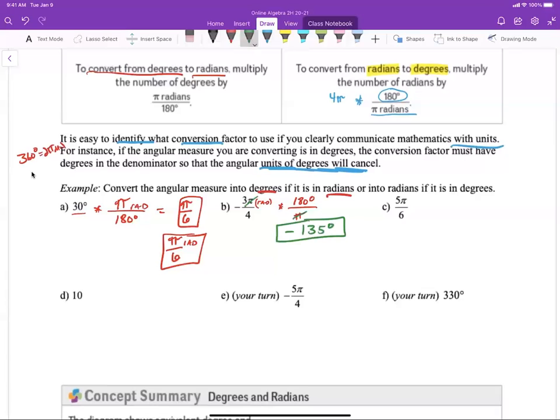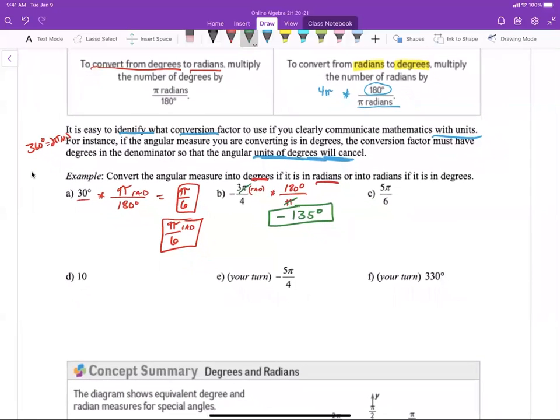You can plug that into your calculator. Notice for C, there are no units, therefore it is in radians. So my radian, when I convert, needs to be on the bottom. So degrees needs to be on top. So 180 degrees equals pi radians. So my pi and my radians are going to cancel.